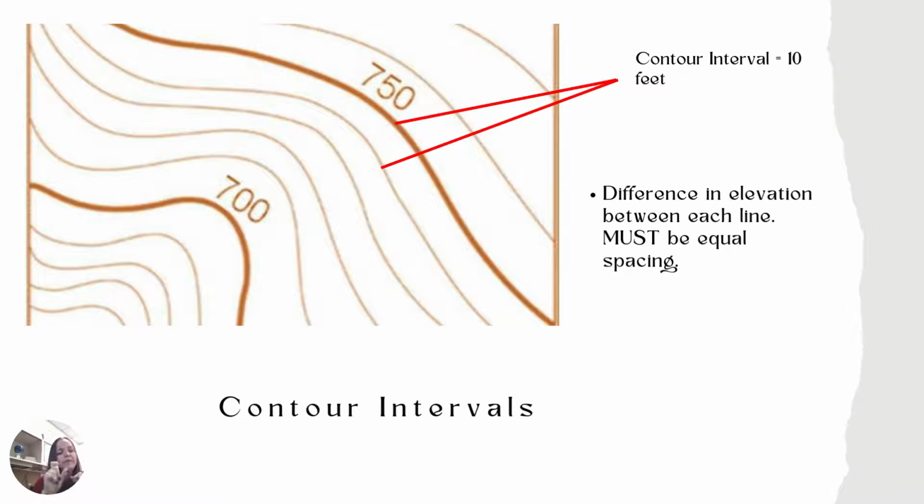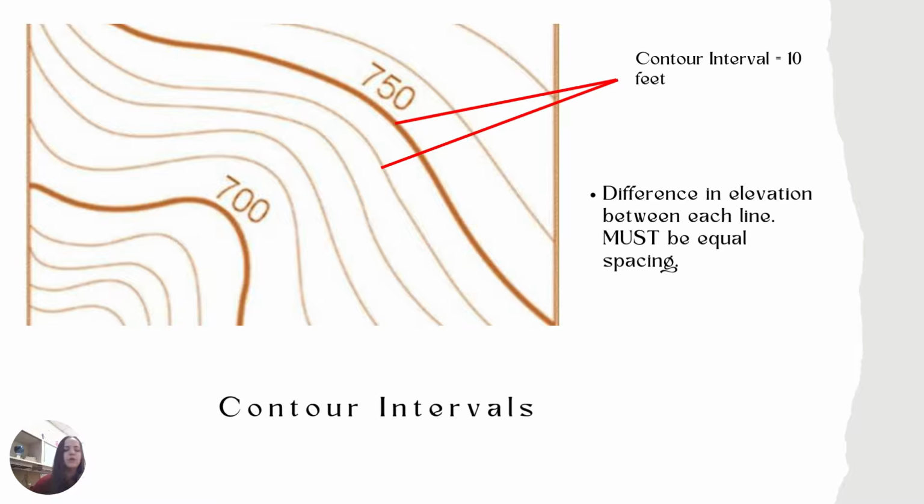So if you equally divide the difference between 750 and 700 by the 5 segments between the 4 lines, each line would be 10 feet. So it would be 700, 710, 720, 730, 740, 750, so on and so forth.